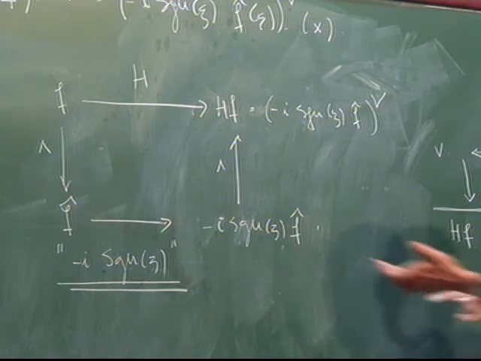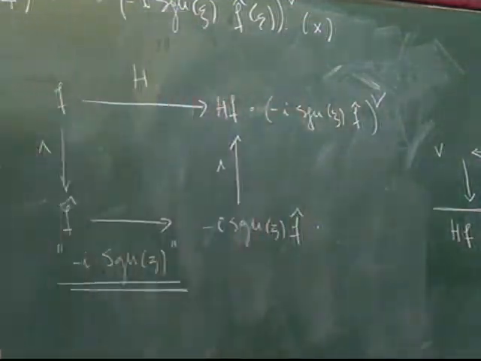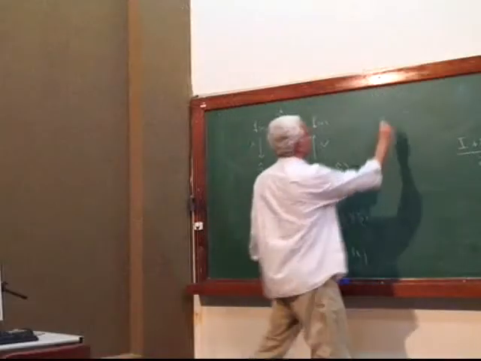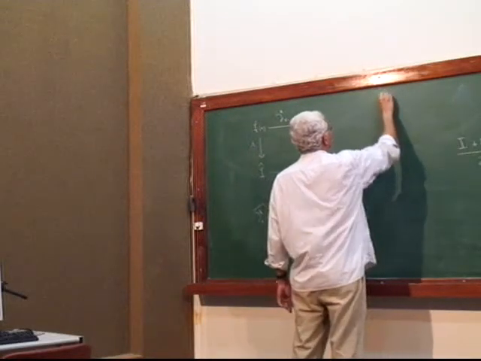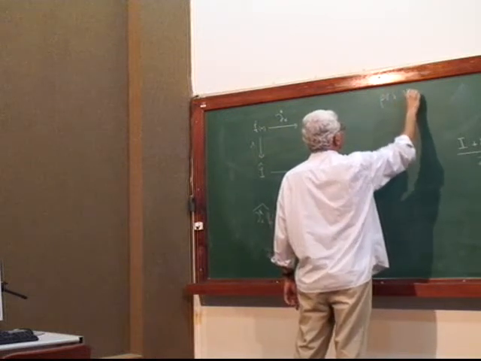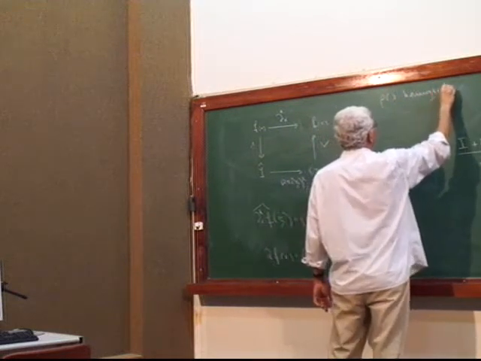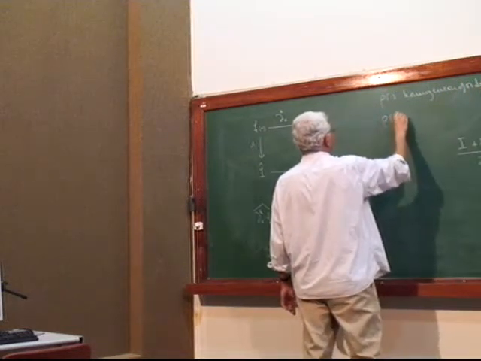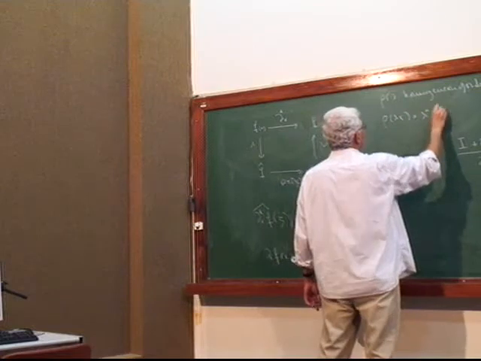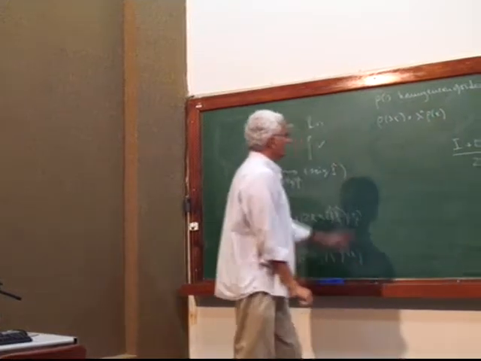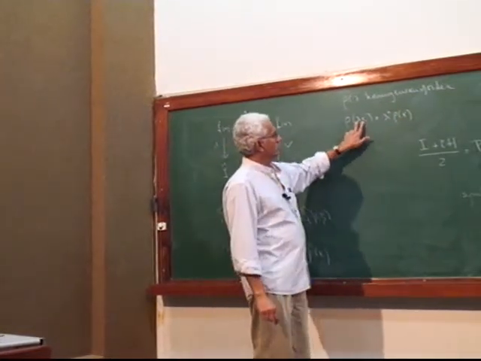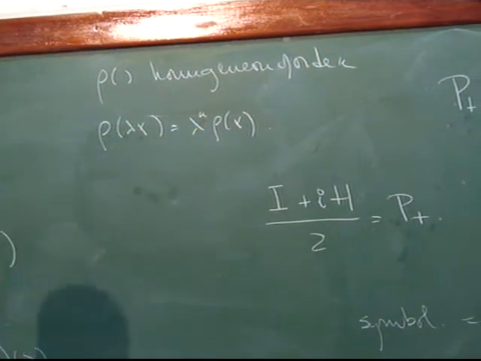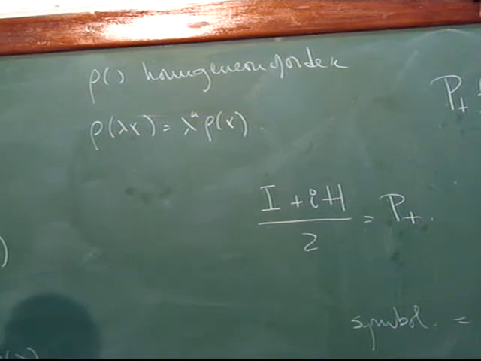I mean, this is homogeneous of order 0, when this is homogeneous of order k. A function phi is homogeneous of order k if phi of lambda x equals lambda to the k times phi of x. Then if you evaluate the sign in here, you have power 0 here, doesn't matter.